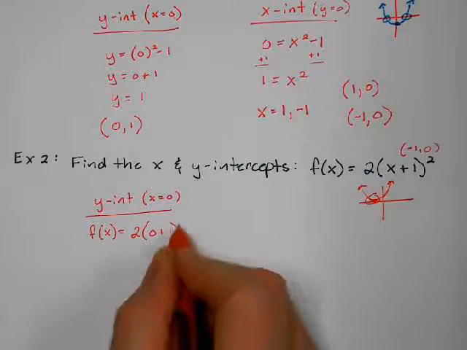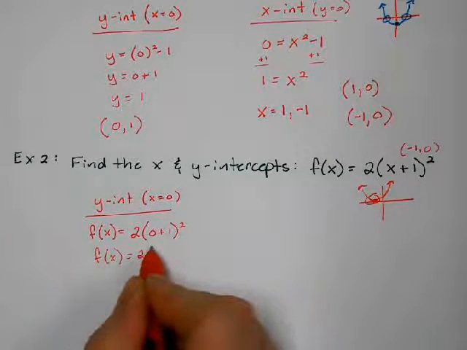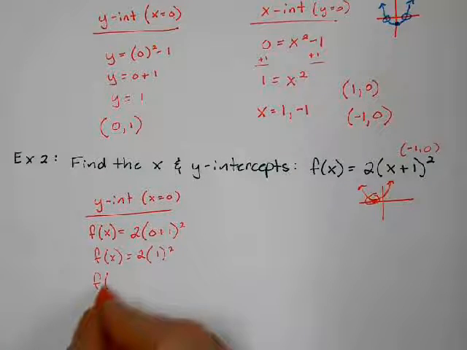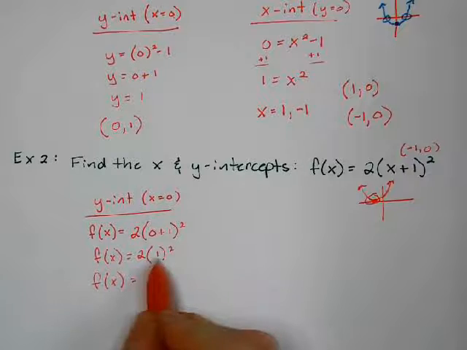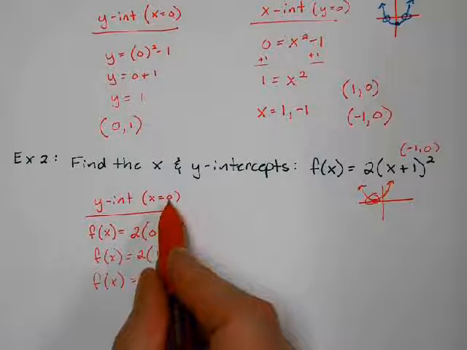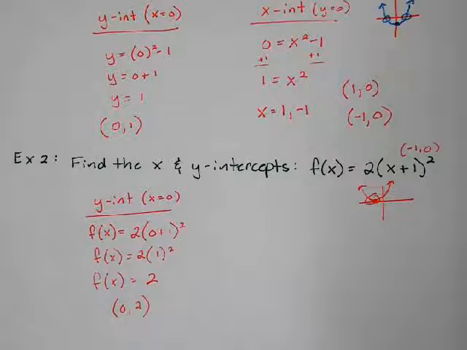So f of x would be equal to 2 times 1 squared. 2 times 1 squared is 2. So my y-intercept, x value is 0, y value is 2. (0, 2) would be my y-intercept.